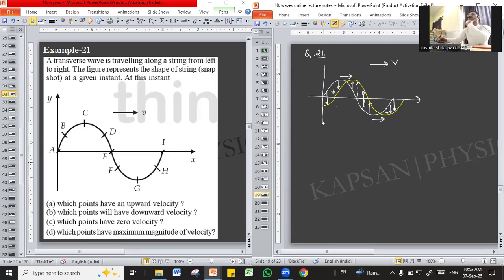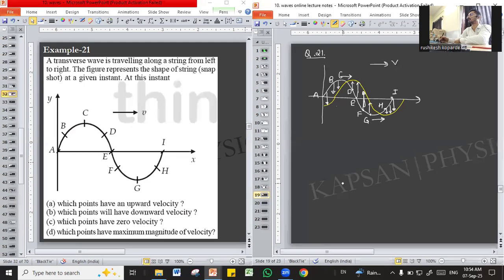So tell me, this is particle A, B, this top point is C, this point is D, this is E, this one is F, this bottom point is G, this is H, and this is I. So which points have upward velocity?